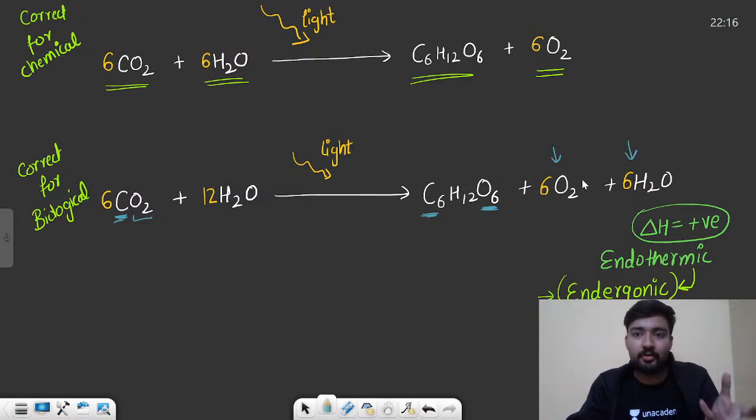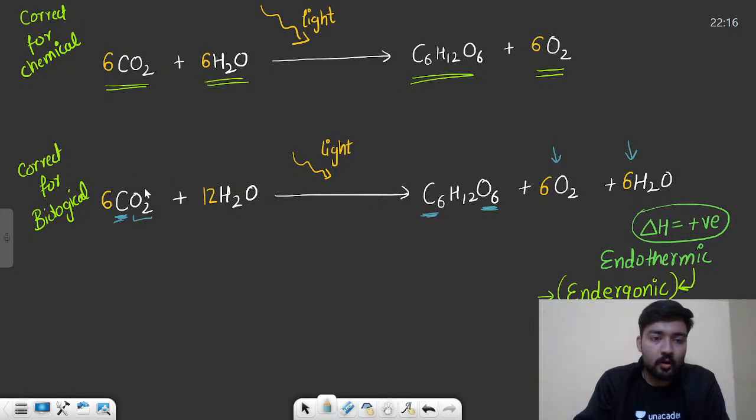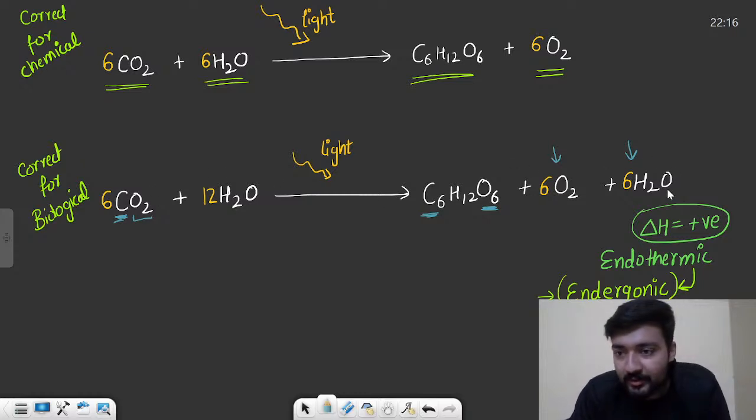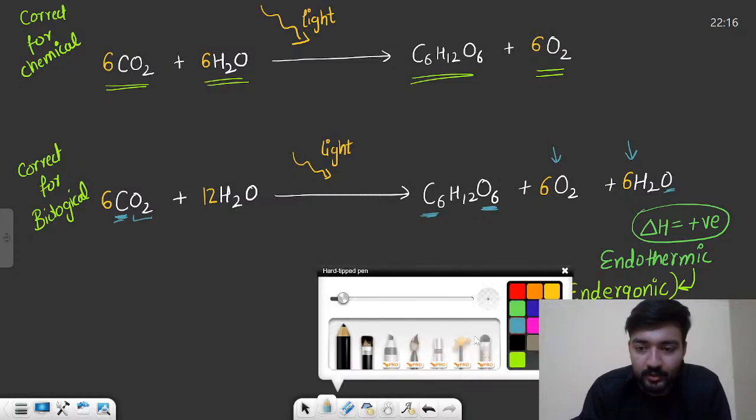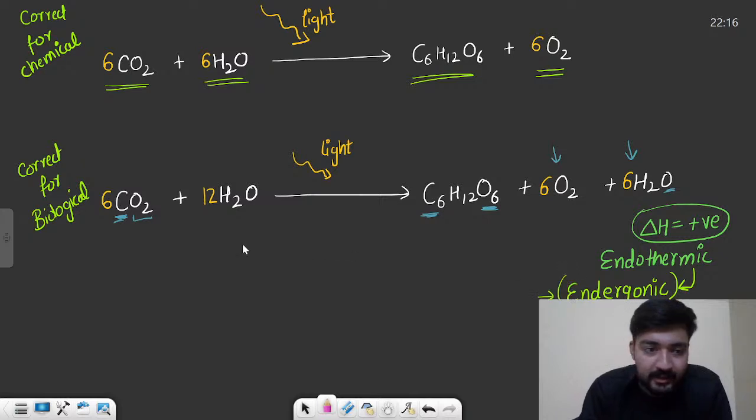And this was a confusion for all the scientists. They wanted to know whether the oxygen in carbon dioxide is the source of oxygen released in photosynthesis, or whether the oxygen of water is released here. And it was found out that this oxygen is actually this one, right? So let me color code it: this particular oxygen on this side is not making the oxygen molecule released in photosynthesis.